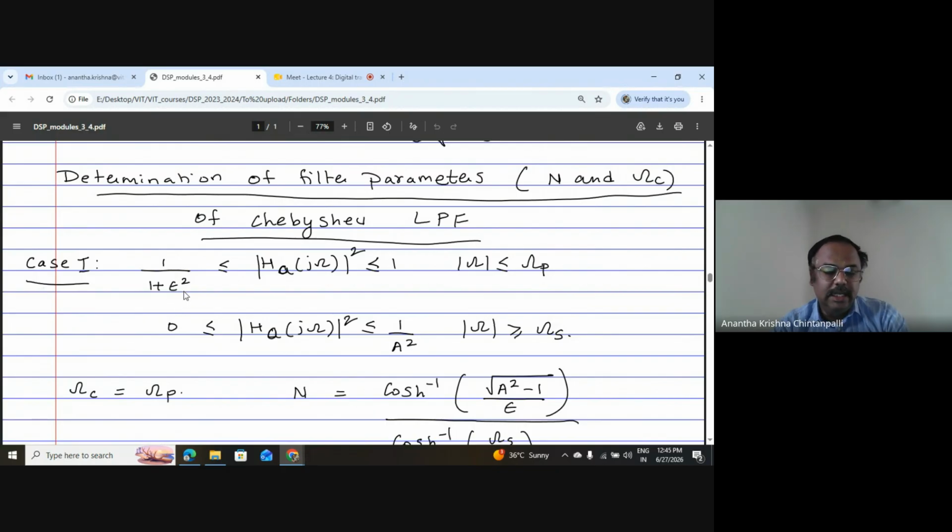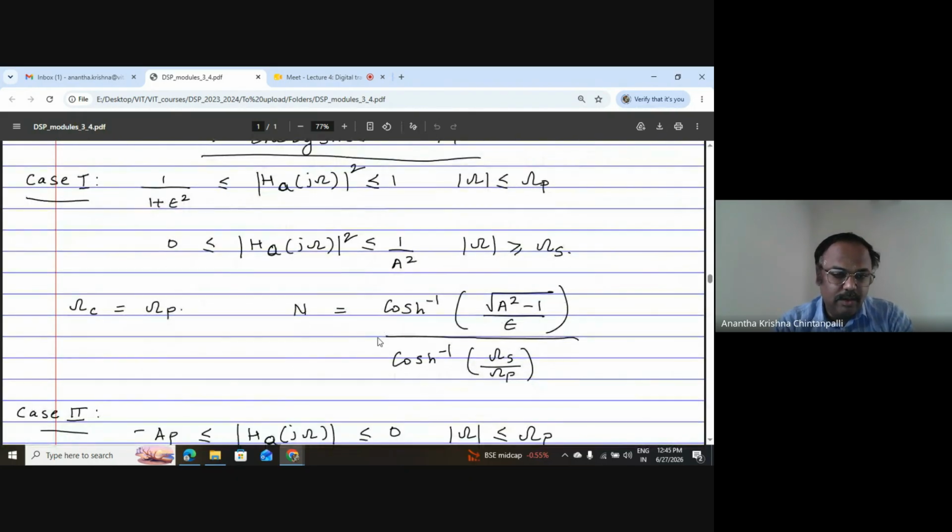Then it is 1 over 1 plus epsilon square, magnitude square. This should be between this value and 1 in the pass band region. In the stop band region, the value should be less than or equal to 1 over A square. So omega c is equal to omega p. This is the best part of Chebyshev, where you do not have to compute the value of omega c as opposed to the Butterworth filter.